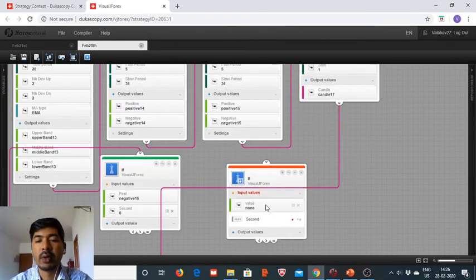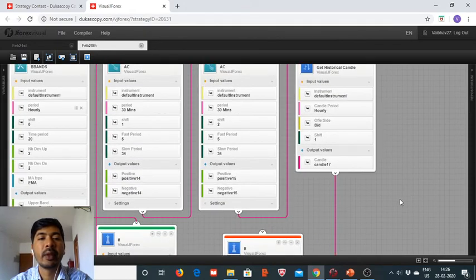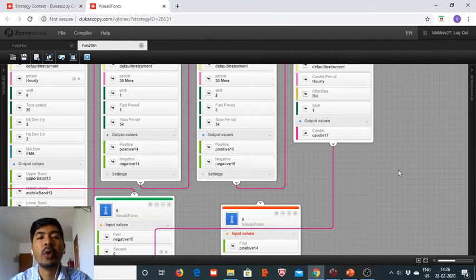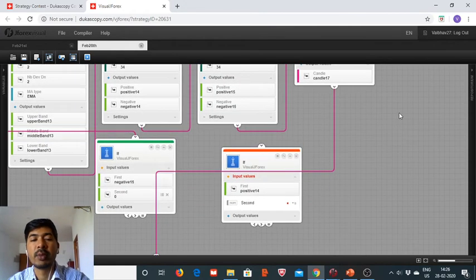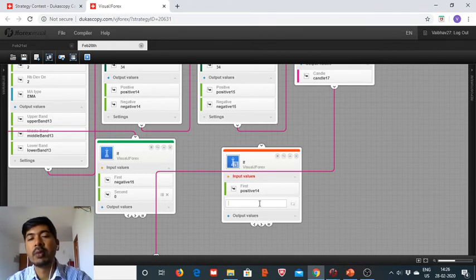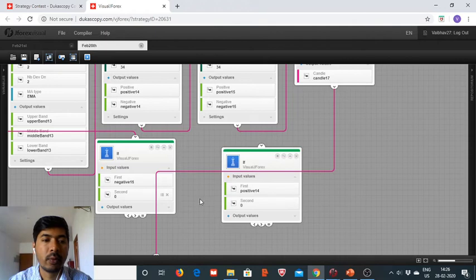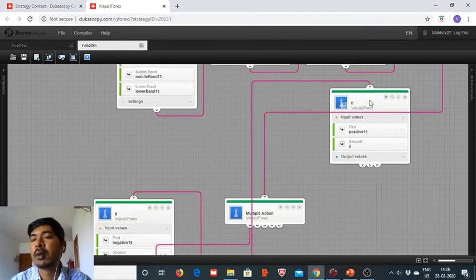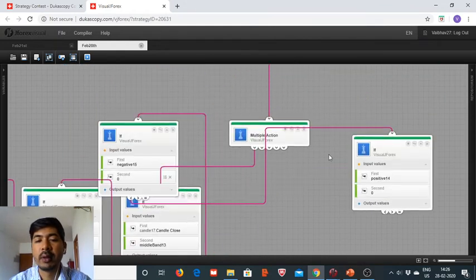That will mean that the trend has shifted from bearish to bullish, as the values have shifted from negative to positive. So it should be less, then it should be more. That's all we want.